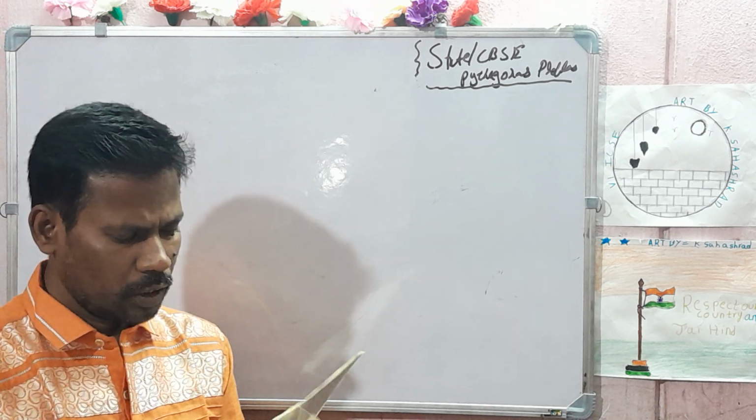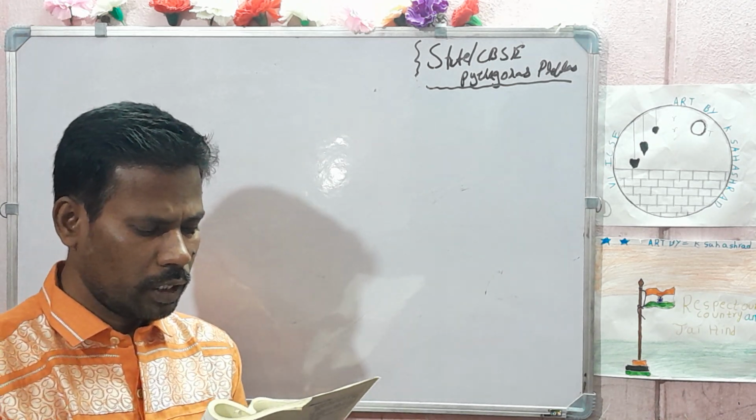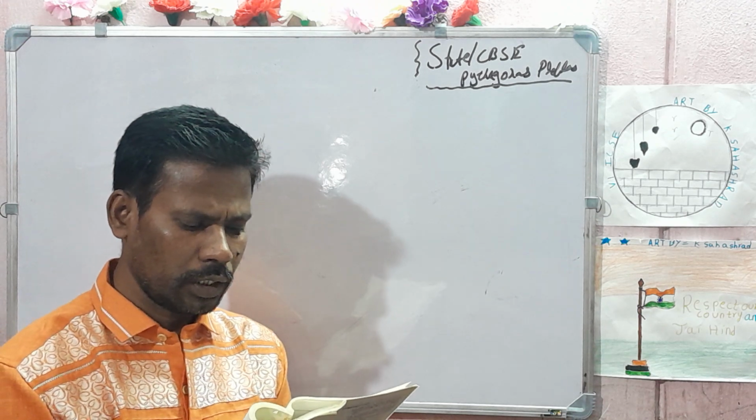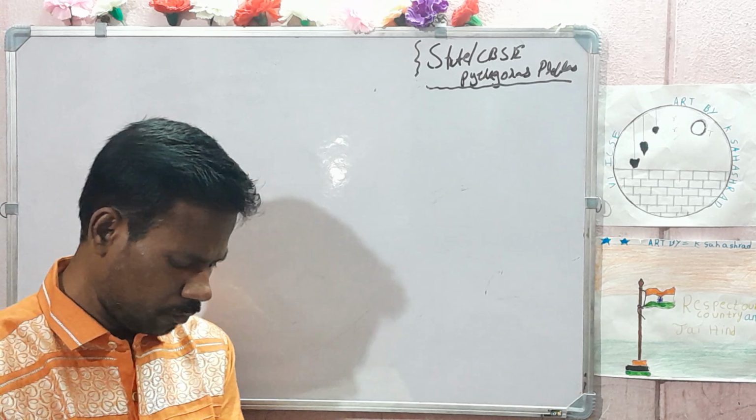The side BC of an equilateral triangle ABC is produced to D such that CD is equal to BC. Prove that... This is another important problem.